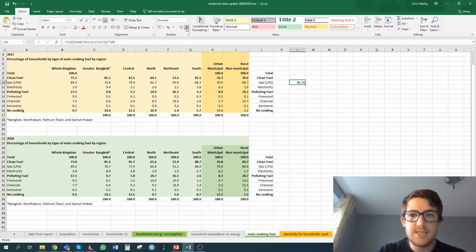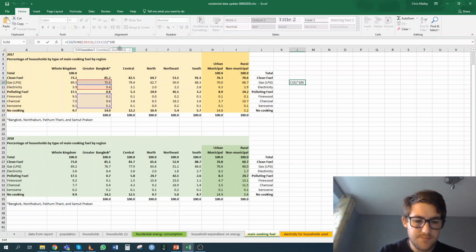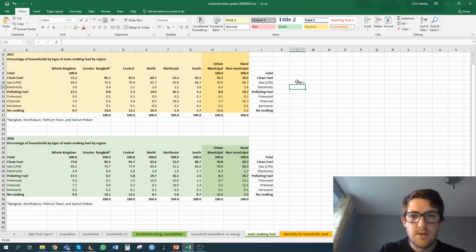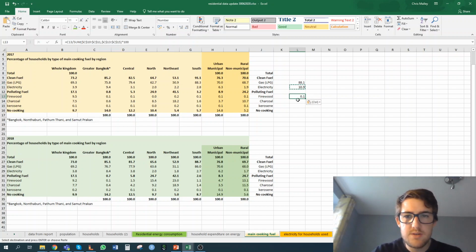So the LPG is actually 88%. Electricity is actually 10.9%. Firewood still 0.1, 0.7.